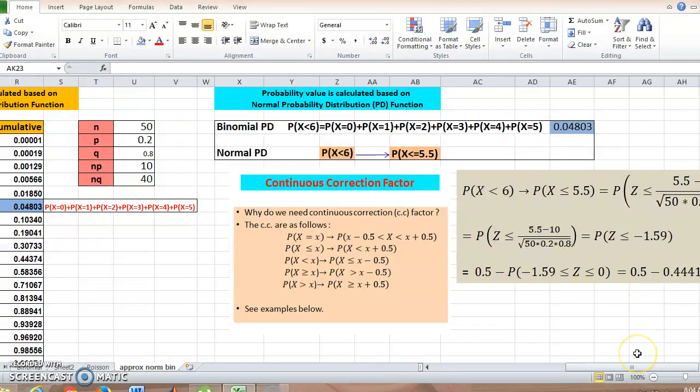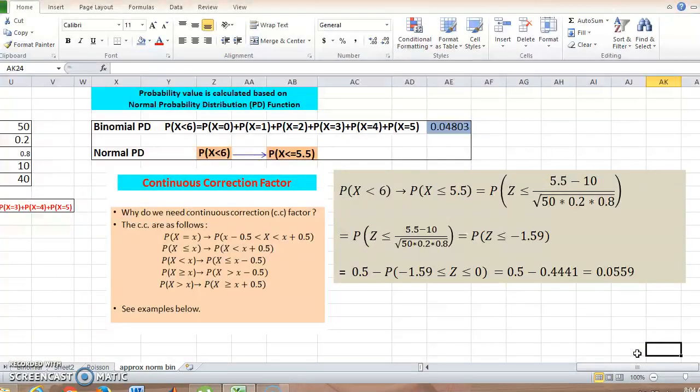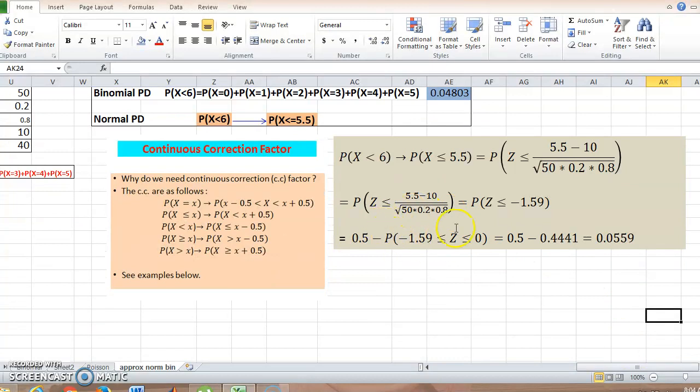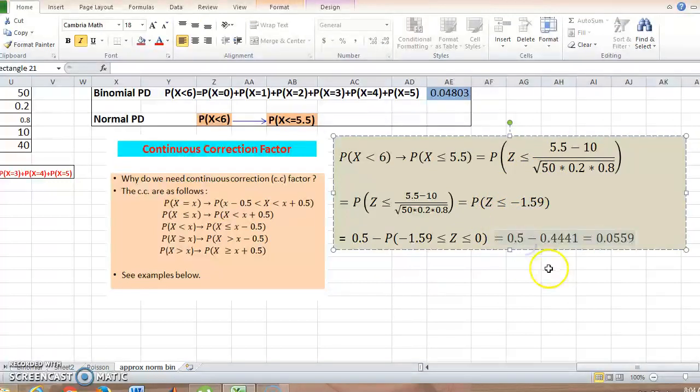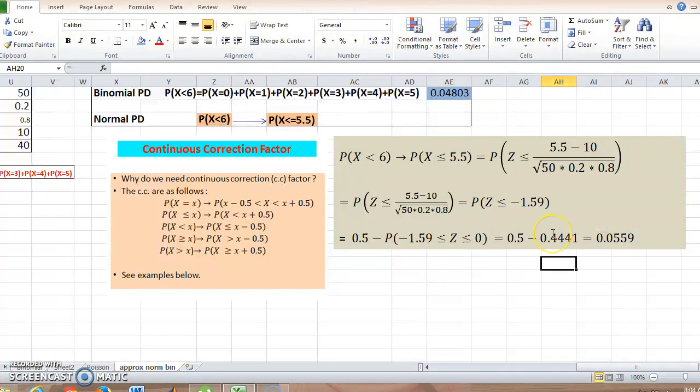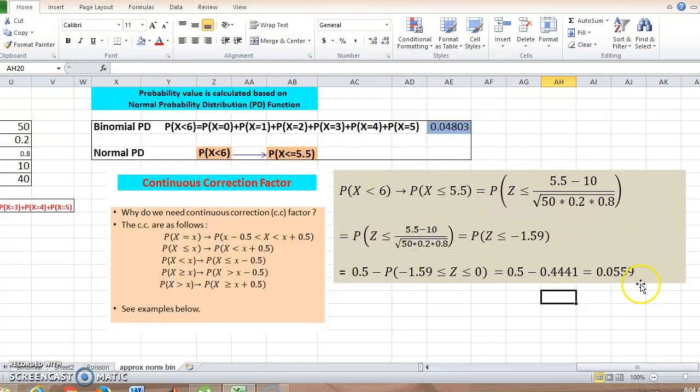By looking at the standard normal table, this area is equal to 0.4441. Therefore, the area of your interest is simply 0.5 minus the area obtained from your table of standard normal, which is given by 0.0559, approximately 0.06.